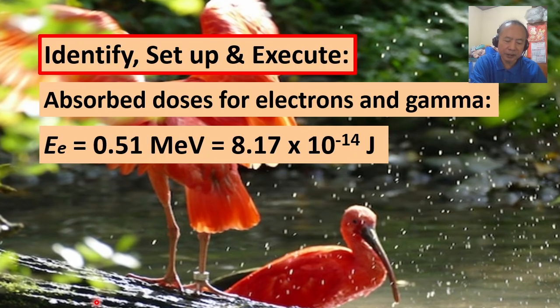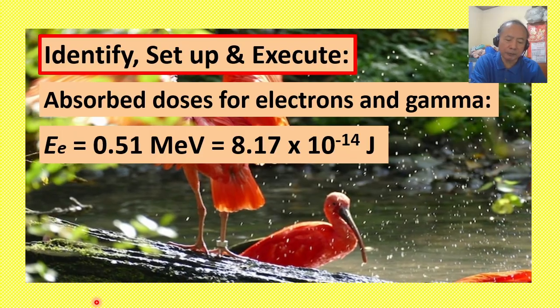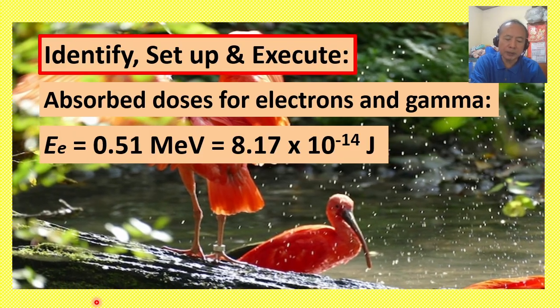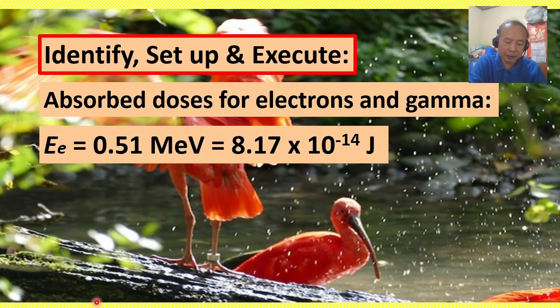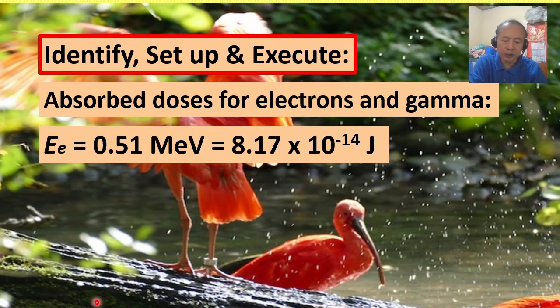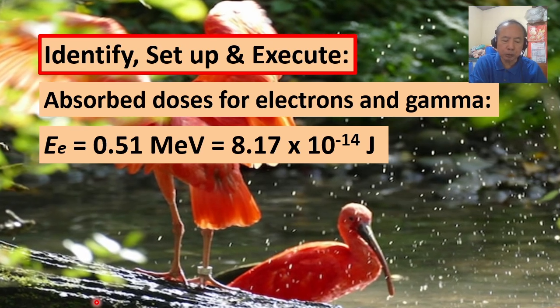Of this amount, 0.51 million electron volts goes to the emitted electrons, and the remaining 0.66 million electron volts goes to a gamma ray.